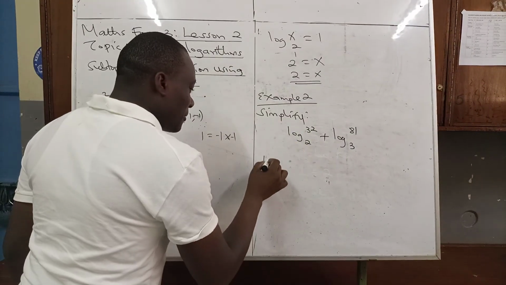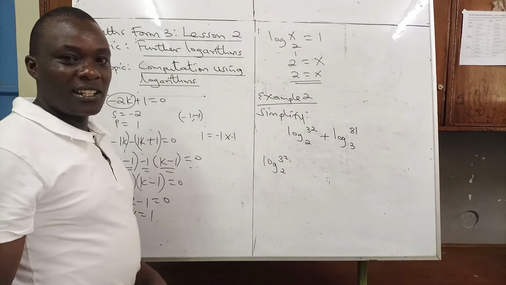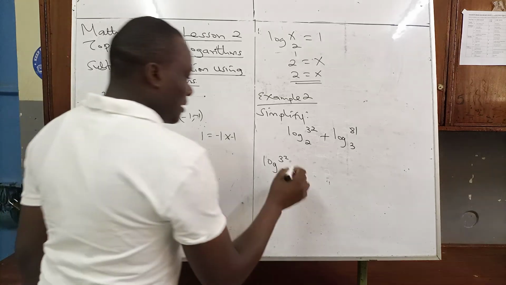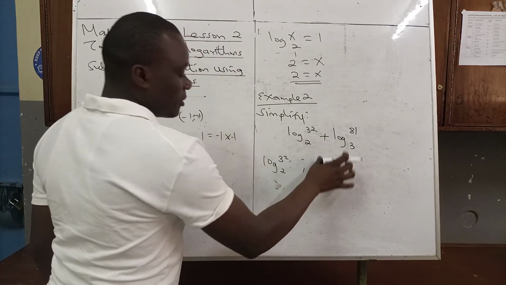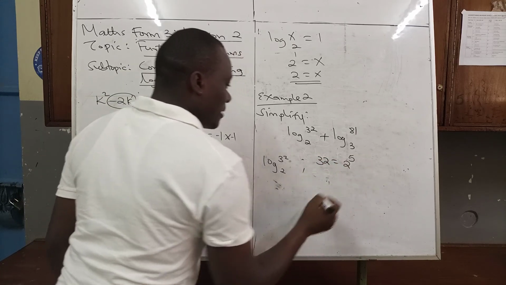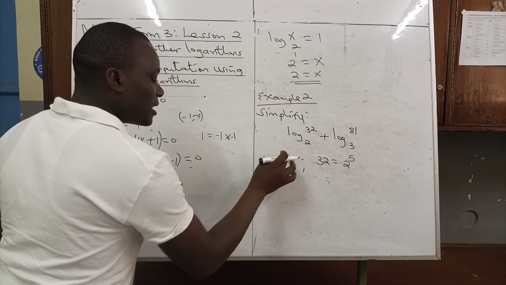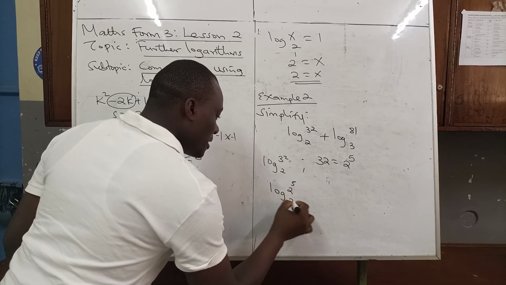So when you have log 32 into base 2, we know that 32 can be written in index notation because we know that 32, allow me to write here, can be written as 2 raised to power 5. So that means when you have been given log 32, you can change it into log 2 raised to power 5 into base 2.